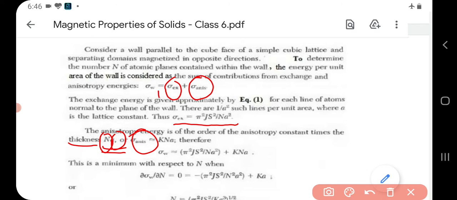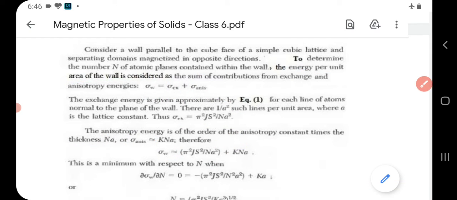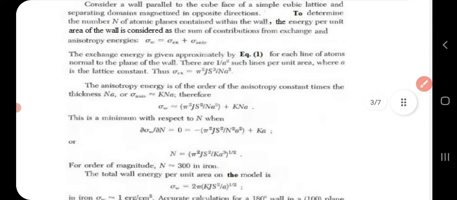So we can write the expression for the energy per unit area of the wall, sigma_w, as the sum of the exchange energy expression and the anisotropy energy expression.